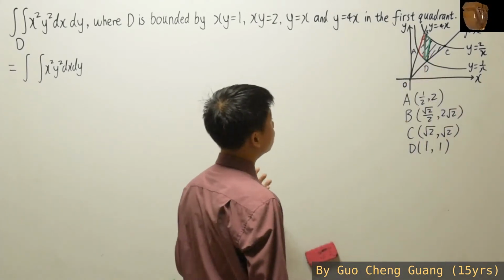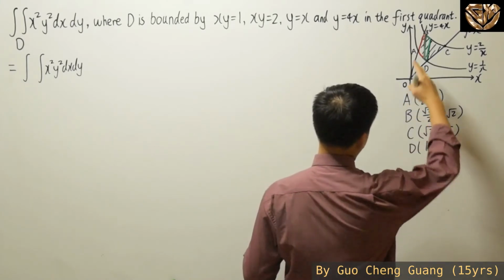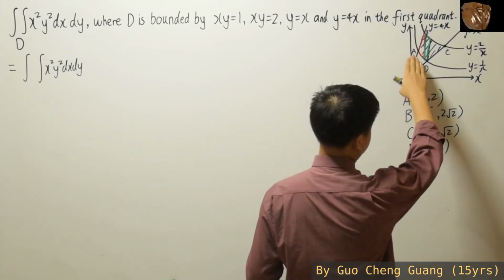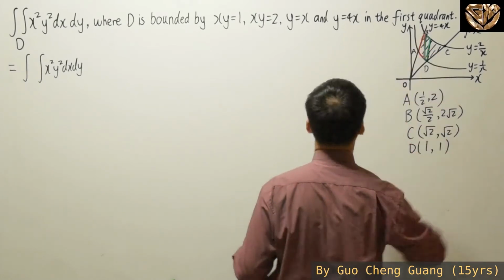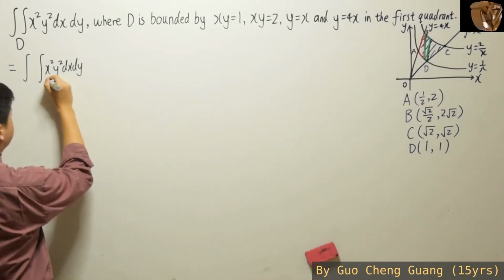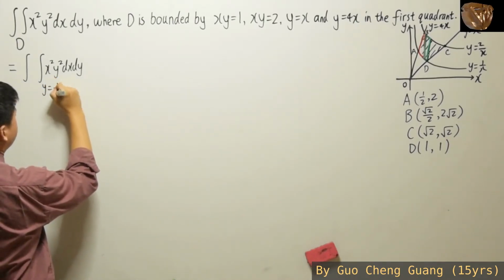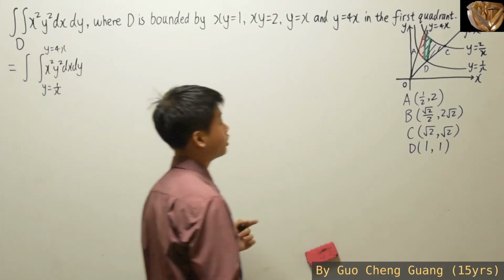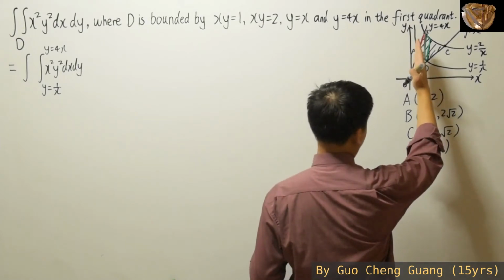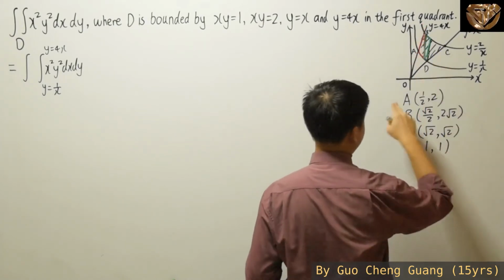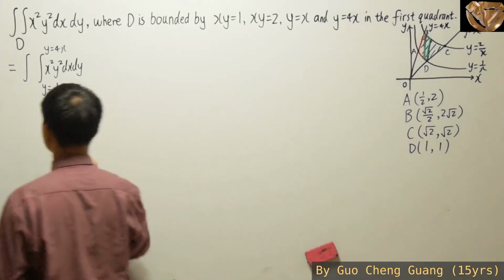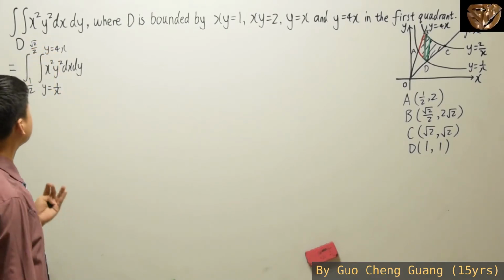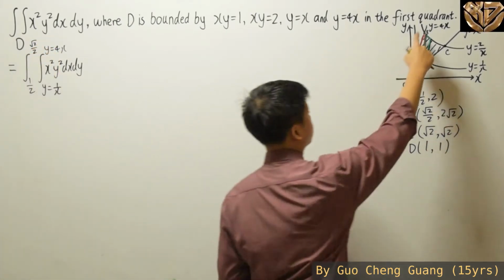When you integrate in the y direction, you go from y is equal to 1 over x to y is equal to 4x. For your x coordinate, you start from the x coordinate of point A to the x coordinate of point B, which is half to square root 2 over 2. So this is your red area.